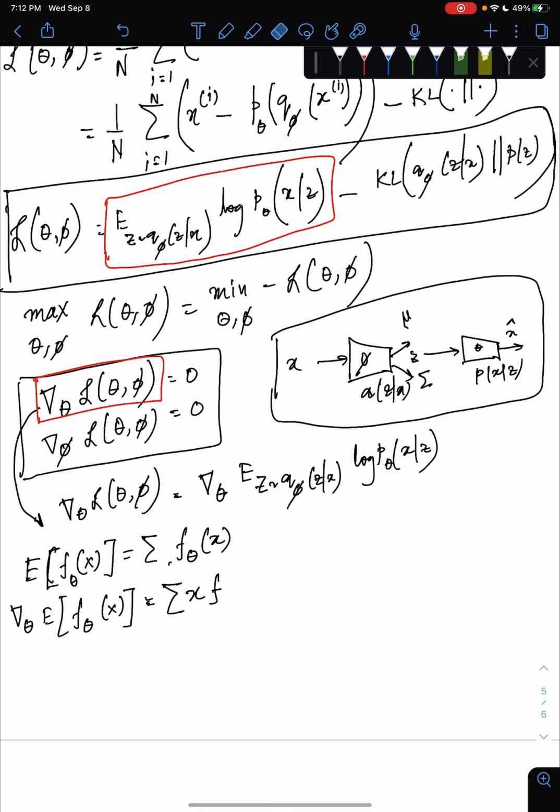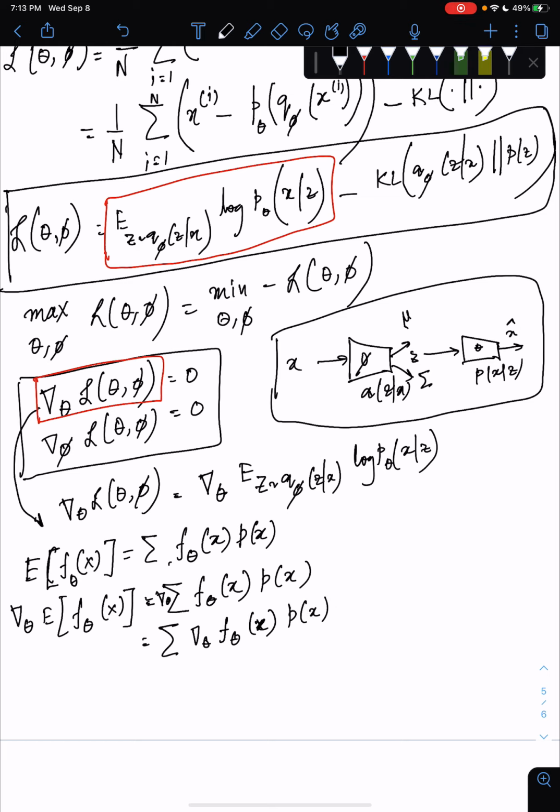I'm sorry, this is not like that. This is the distribution, and this is f theta of x with p of x, and here it is d theta, which is nothing but f theta of x p(x), and this is nothing but the expectation of this.